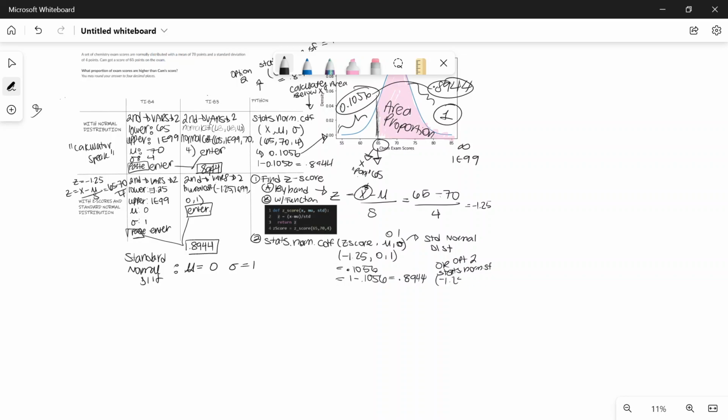Negative 1.25. It's the same thing, 0 and 1, and then it should just give you 0.8944.